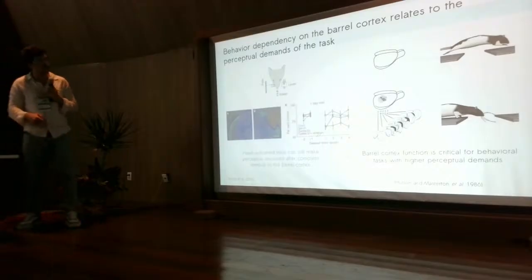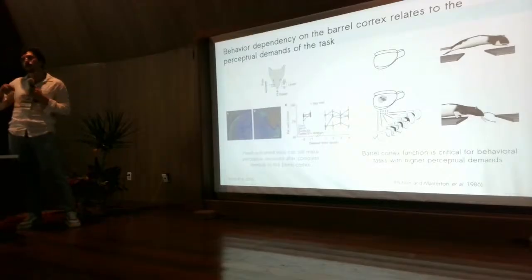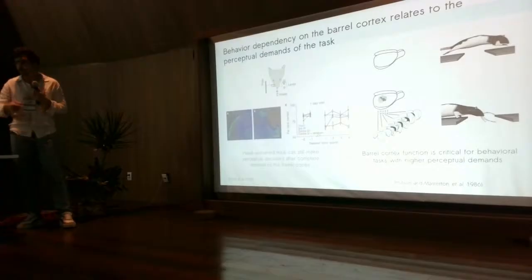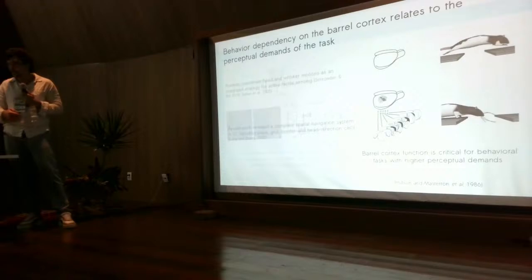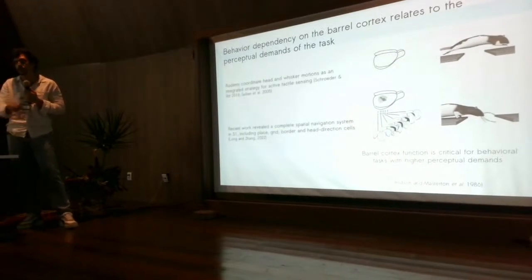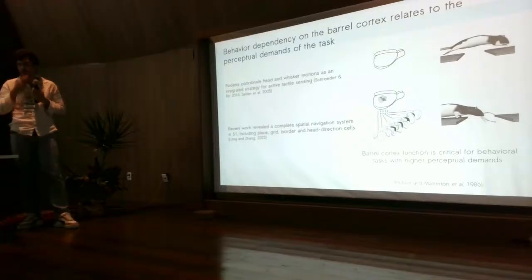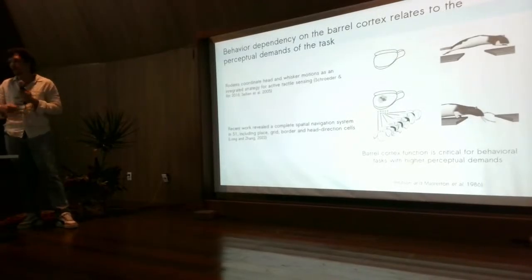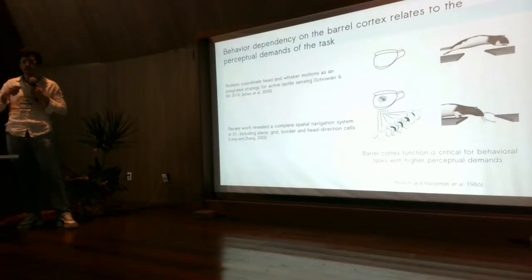We just think that the barrel cortex function is critical for tasks where the perceptual demands are higher. In this task, the main difference from the fixed preparations, that is the previous task that I have shown, is that in the gap crossing task the animal needs to actively use its body to locate the platform.